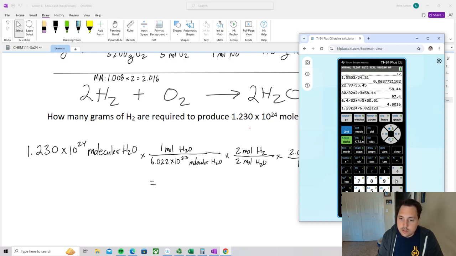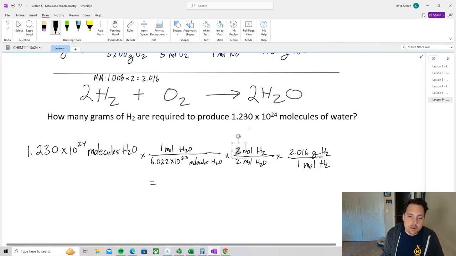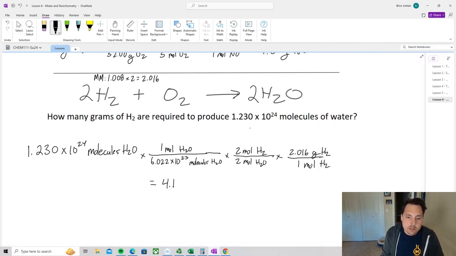Otherwise, you're going to get the wrong answer here. Now I can multiply through by 2 and divide by 2, but I know that's going to cancel each other out, so I'm just going to ignore that step there. And we get our answer is 4.118. We want to use 4 sig figs.